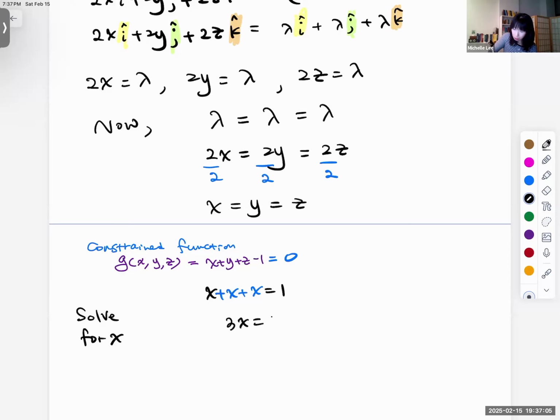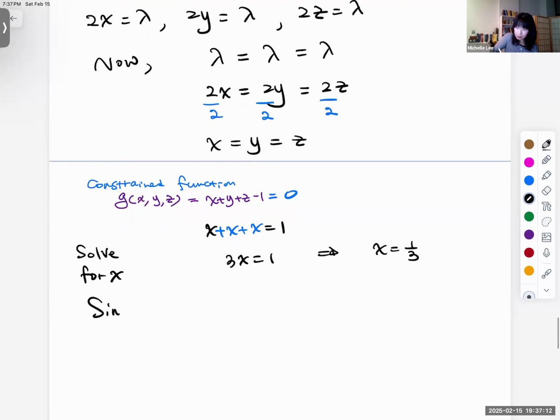So 3x equals 1, so x equals 1/3. And since x equals y equals z, y and z are also 1/3.